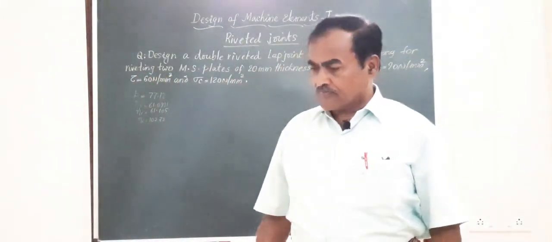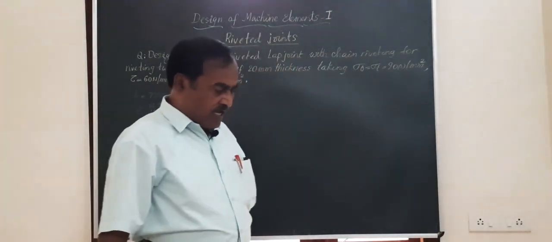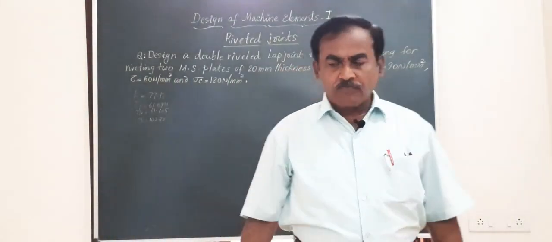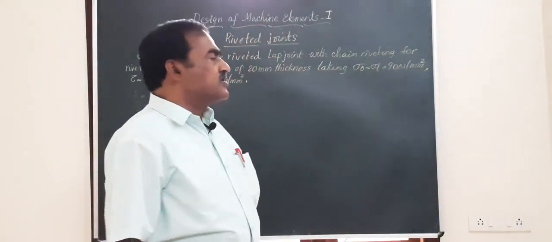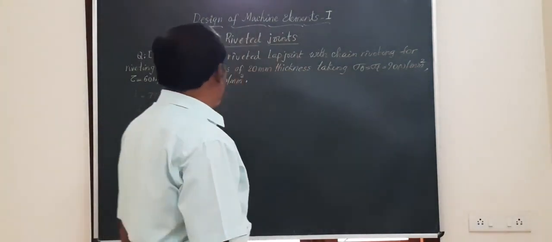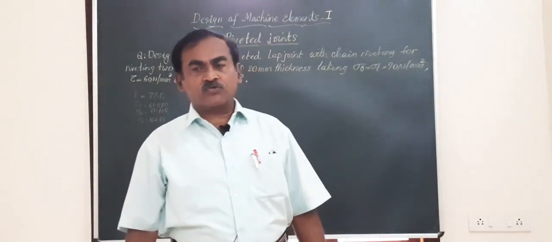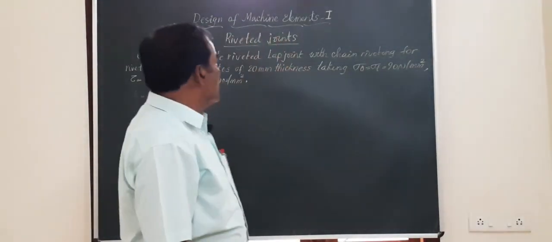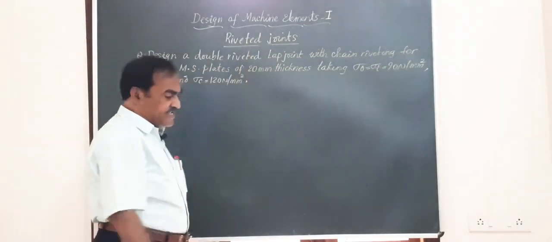Friends, before I start the actual problem, I am going to give you a clue on how to utilize the data handbook. In the previous sessions also I gave the hint that in all the machine design data handbooks used by students across the globe, you have a table of results for the riveted joint.